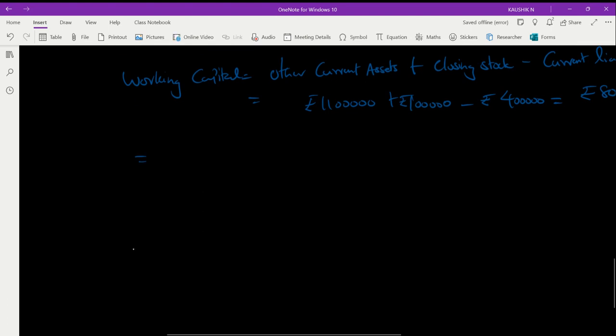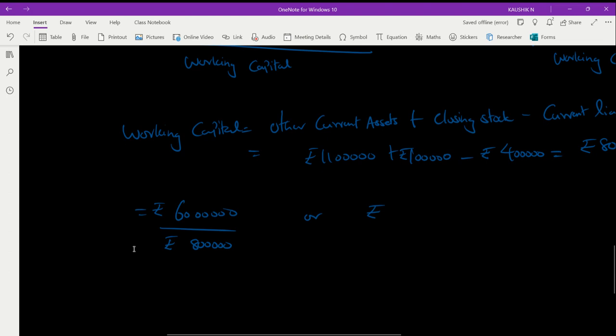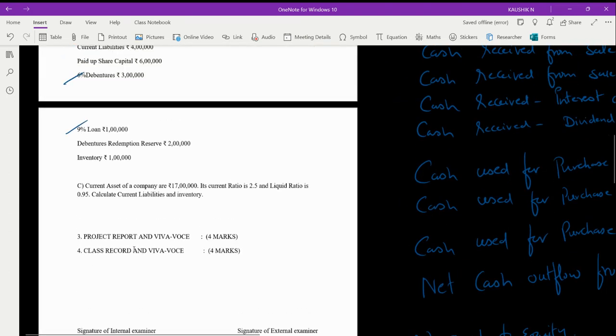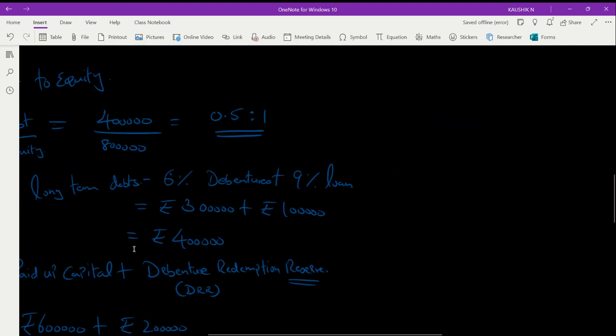So that means you will get 60 lakhs divided by rupees 8 lakhs, and on this side it is mentioned as cost of revenue from operations. The amount of cost of revenue from operations is given in the question as rupees 45 lakhs.